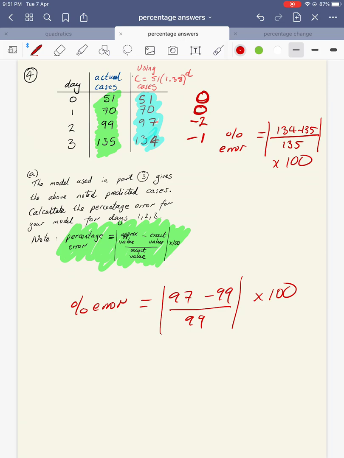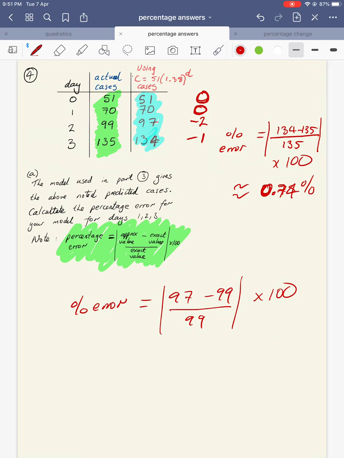So that's essentially 1 divided by 135 times 100. And that's less than 1% error. This is approximately 0.74%. That's less than 1% error using our model to predict how many cases there are after 3 days.